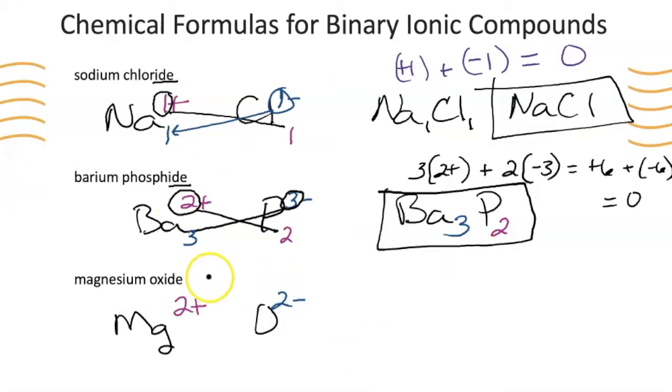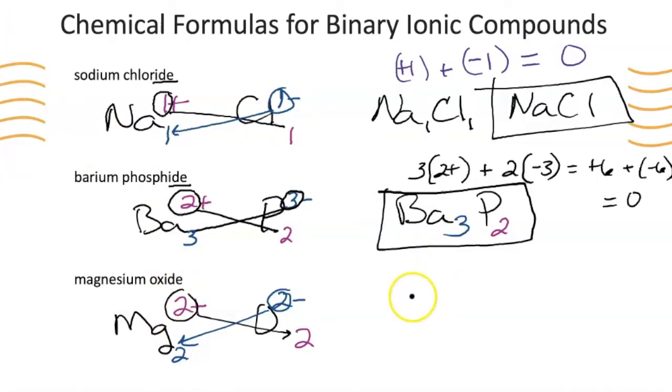Using the swap and drop, we have the 2 from the magnesium being a subscript for the oxygen, and the 2 from the oxygen being a subscript for the magnesium.